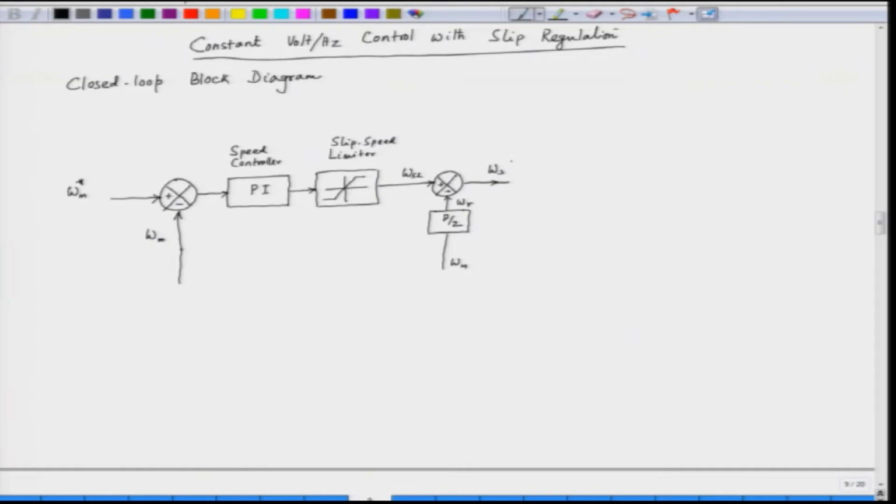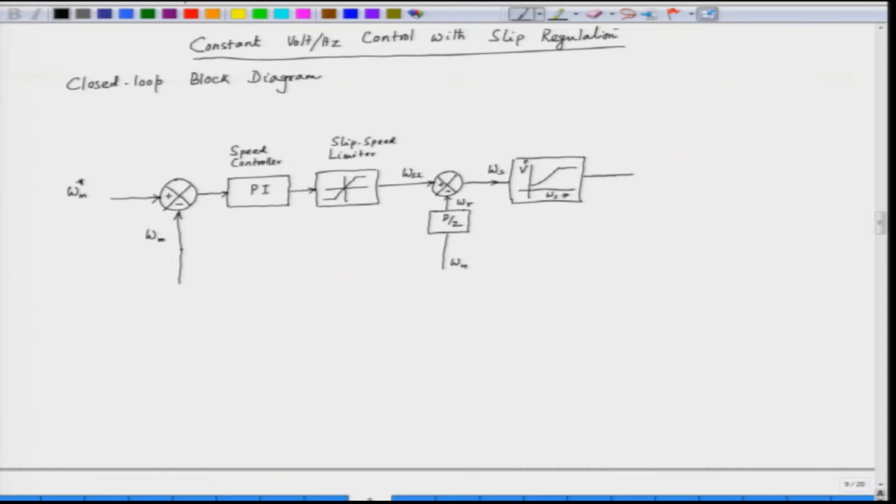This goes to a function generator. What we have here is a V by f function generator that we have discussed earlier. Something of this sort, beyond the base speed the voltage remains constant. So, this is frequency on the x axis and voltage on the y axis.